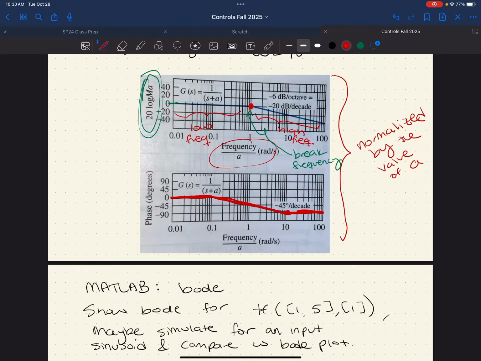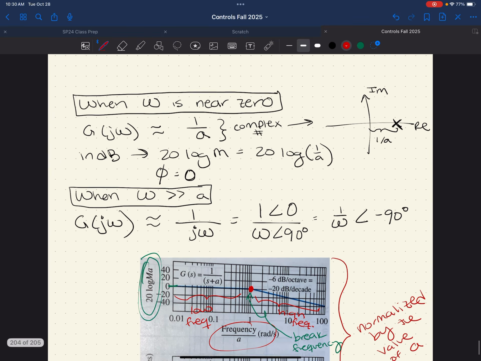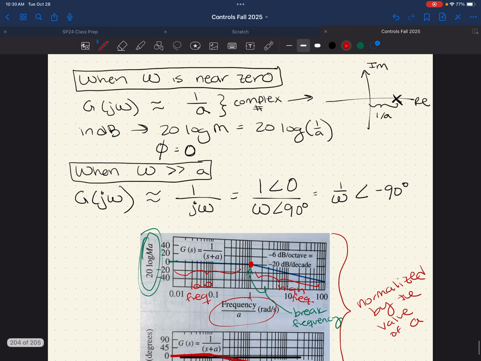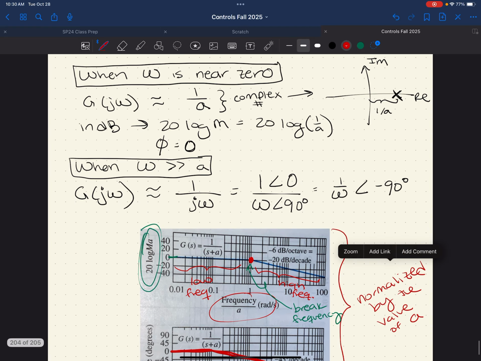That looks to be roughly the break point. I start out at, what was my magnitude? 1 over omega, so 1 over 5. Okay. Looks to be about right to me.